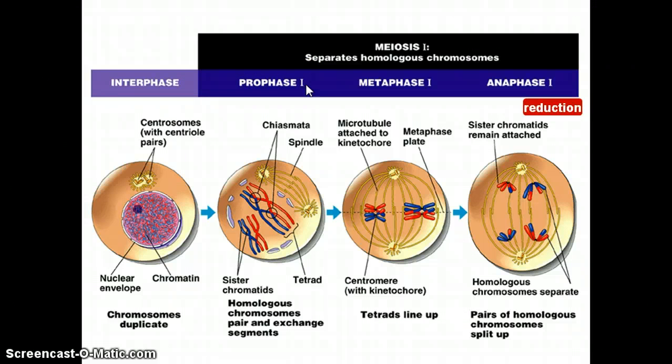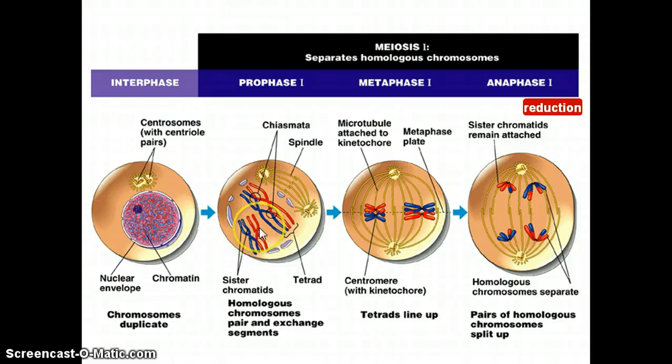So in prophase 1, what we're going to have happen is our homologous chromosomes are going to actually pair up. And this pairing up process, we're going to go into a lot more detail. But this pairing up of homologous chromosomes, so again, this is one from the father, here's one from the mother.